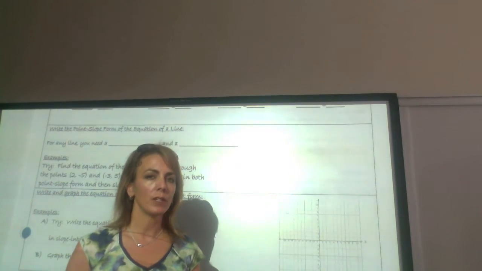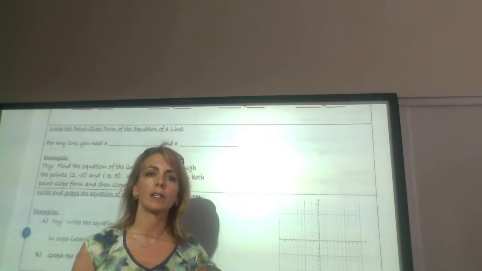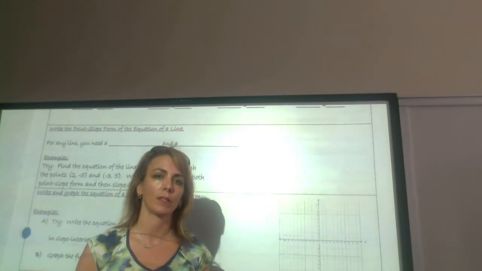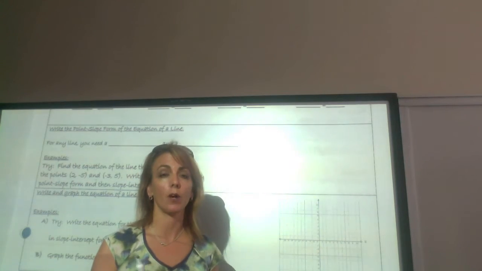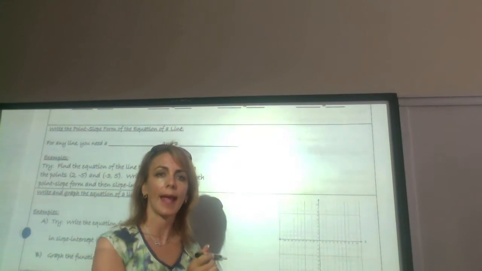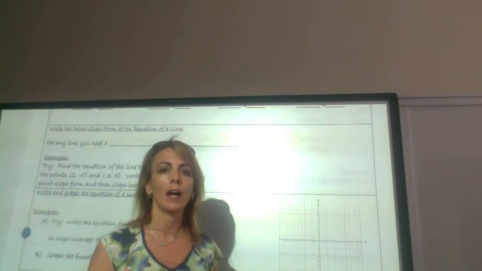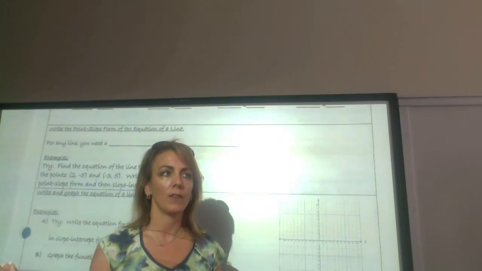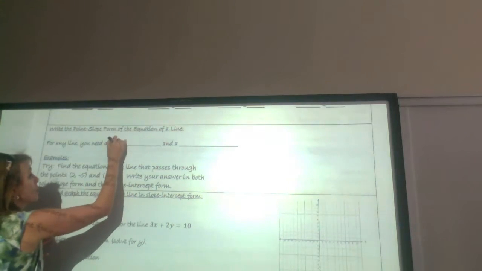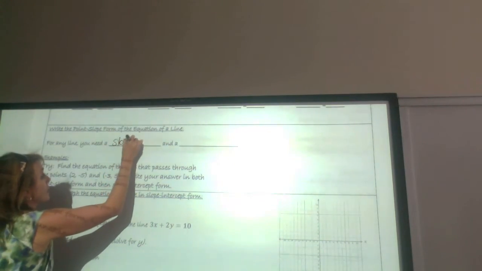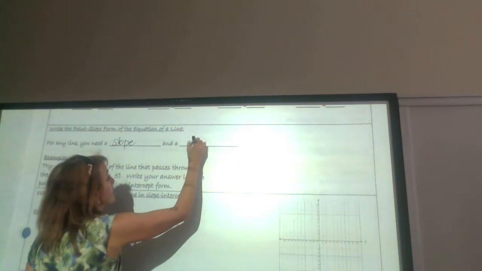And then you also need the coordinate of at least 1 point that that line is passing through. You can have lots of lines with the same slope, but unless you've got a point to anchor that line down somewhere, then you have no idea where that line is. So you definitely need a slope and at least 1 point.